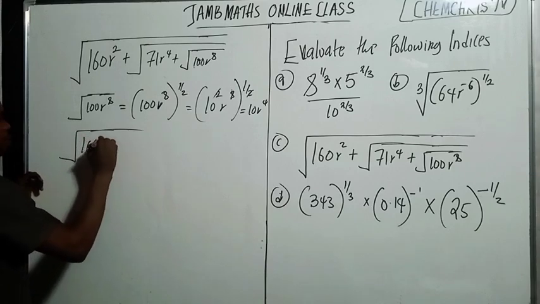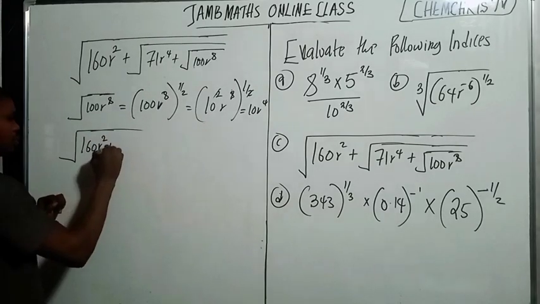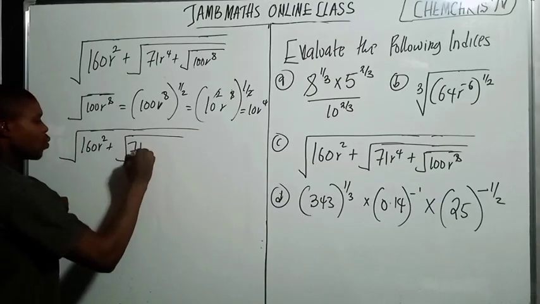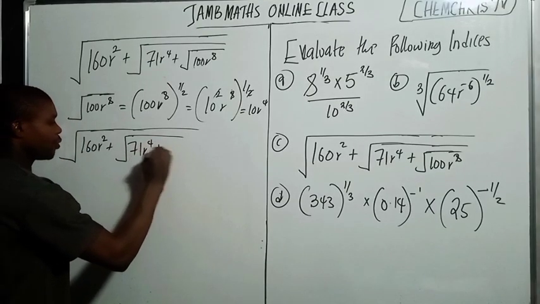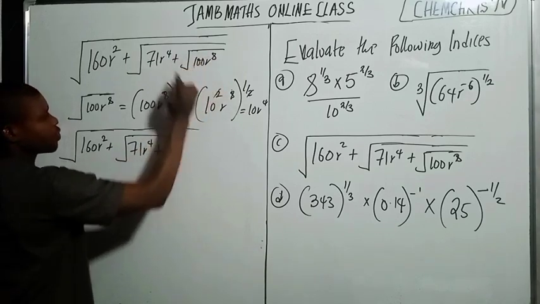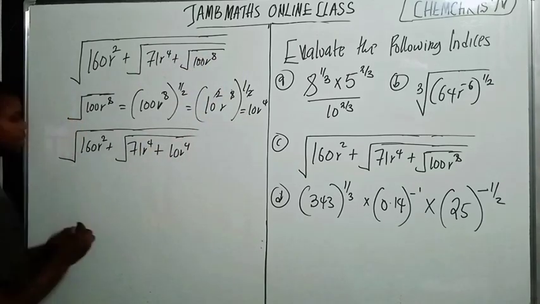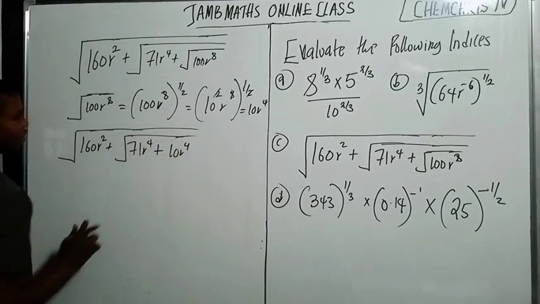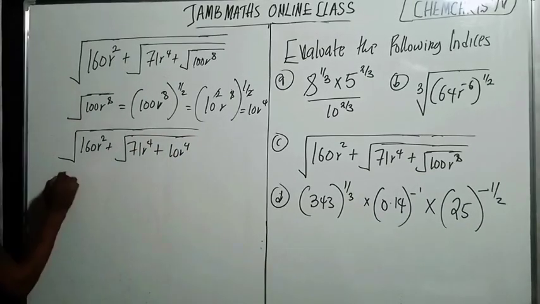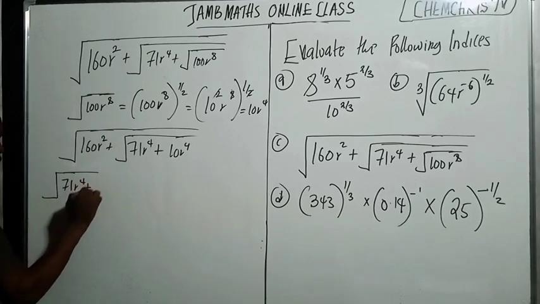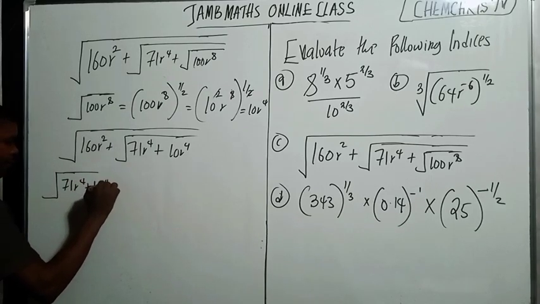160 r2, right? Plus then the square root. Here we have 71 r4 plus. Now remember, I've evaluated all of this to be what? 10 r raised by 4, right? Now I'm going to pick this one here and evaluate it separately. So I'm going to have 71 r4 plus 10 r4 here, right?